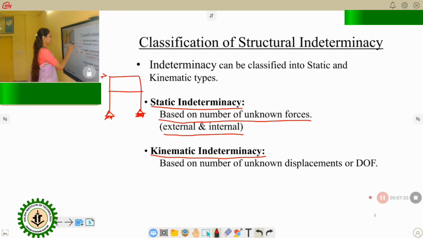For frames, if there is a force, this can sway like this. So for these types of structures, static indeterminacy is calculated as well as kinematic indeterminacy. Okay, so let us go deeper into static indeterminacy and kinematic indeterminacy.